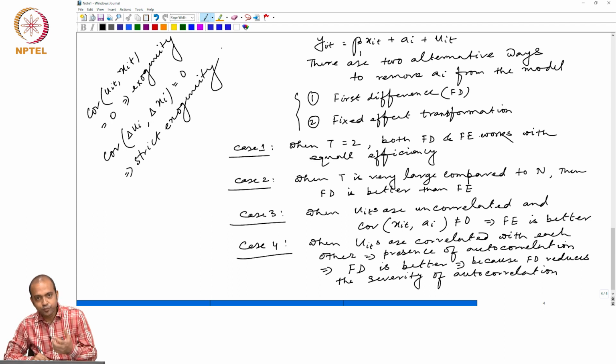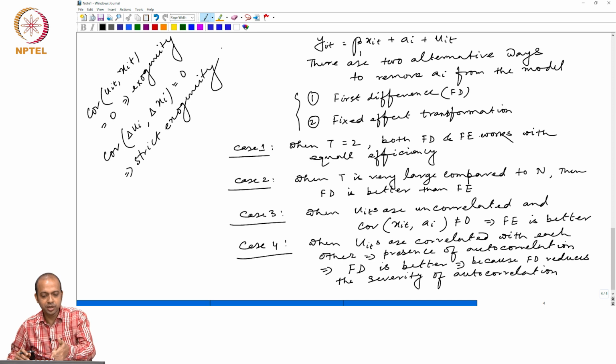So, for FE to be implemented, we must ensure there is strict exogeneity. That means the set of explanatory variables should not include any lagged dependent variable like YIT minus 1. These are the conditions that must be satisfied for the fixed effect model to be employed. The model should be a large panel, N is quite larger than T, UITs are uncorrelated, the unobserved effect is correlated with XIT, and there is strict exogeneity.